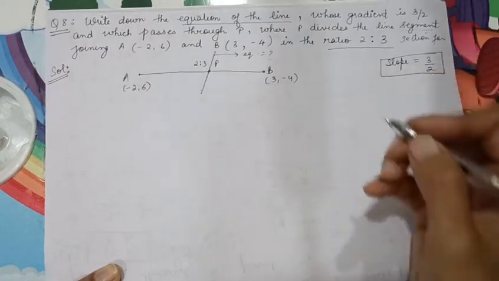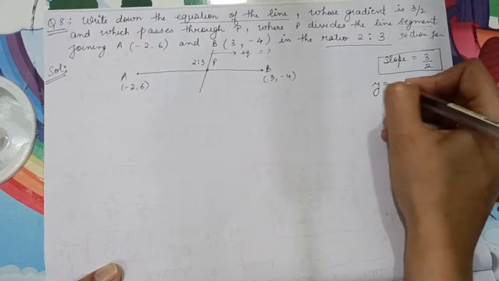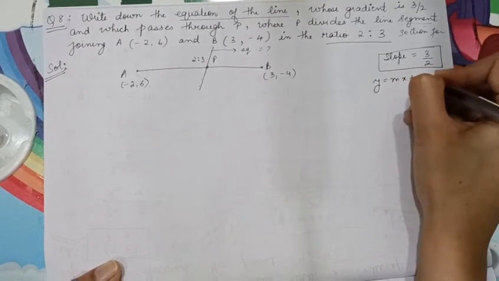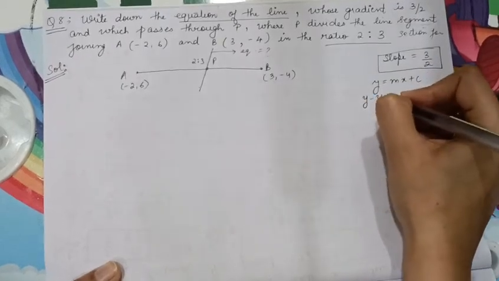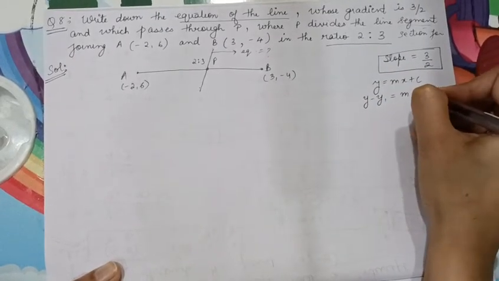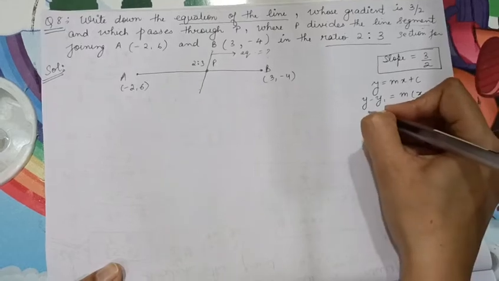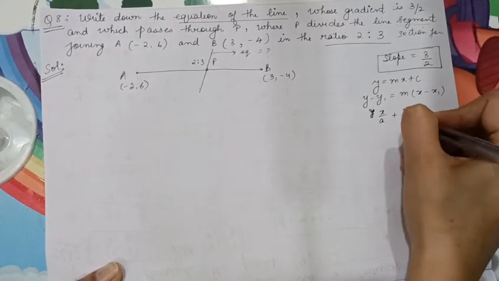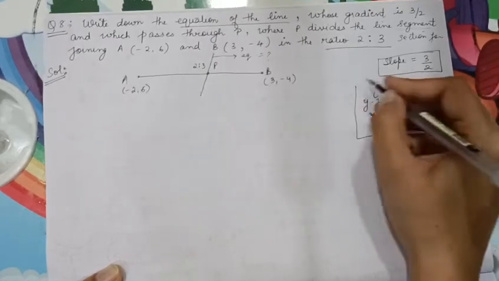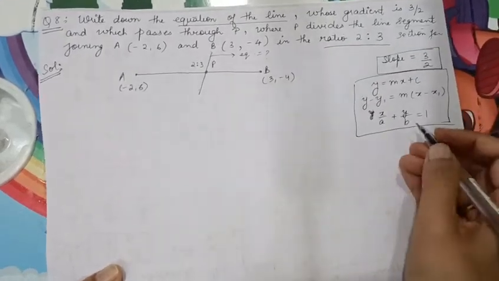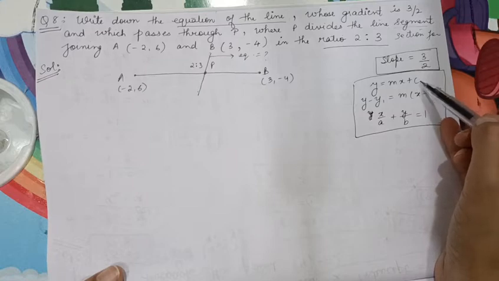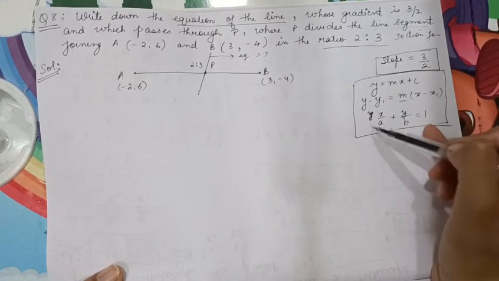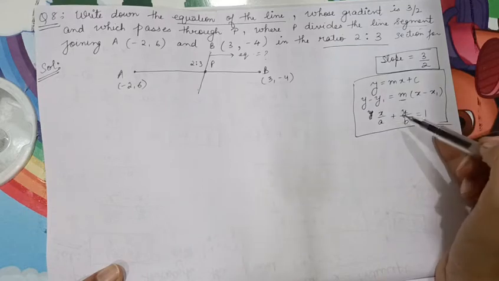Again I will write the three forms of equations of line: y = mx + c, y minus y1 = m into (x minus x1), and x by a plus y by b = 1. Either we should know the intercepts, or we should know the slope and the coordinates. Then only can we find the equation of the line.